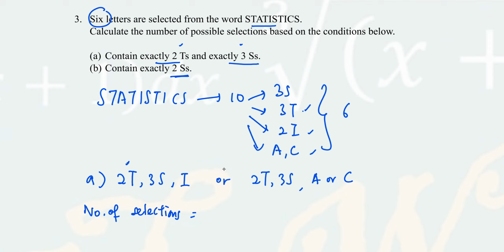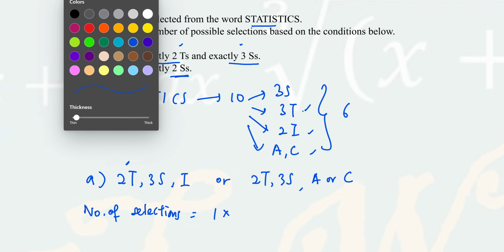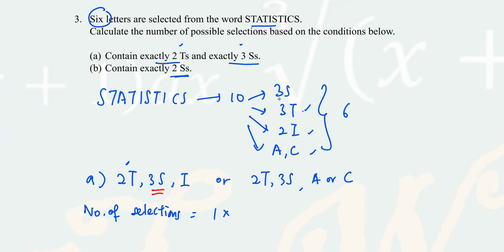But these 3 T's are identical T's, therefore we are just going to choose directly, one way. One way to choose the T, and the same goes for the S. These 3 S's are identical S's, so there's only one way to choose the S. Times this I, both identical I means one way. Or probably you can just write 1 directly instead of 1 times 1 times 1.